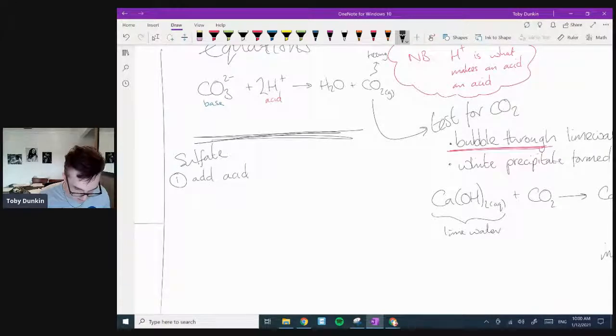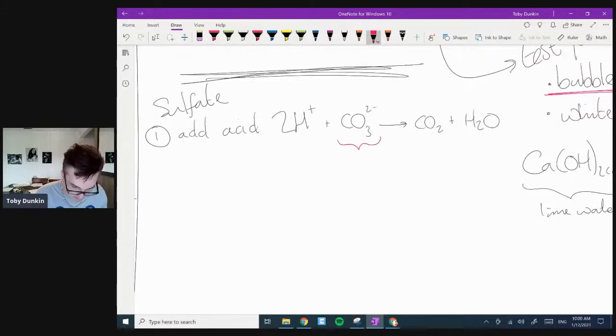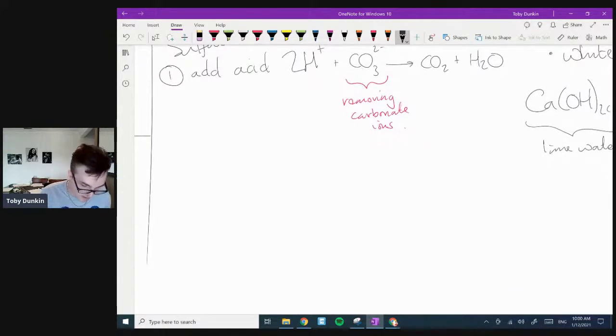Well, what's the acid doing? The acid is actually destroying any carbonate ion impurities, turns it into CO2 and water. So what it's doing is removing or destroying, whichever one you prefer, carbonate ions.